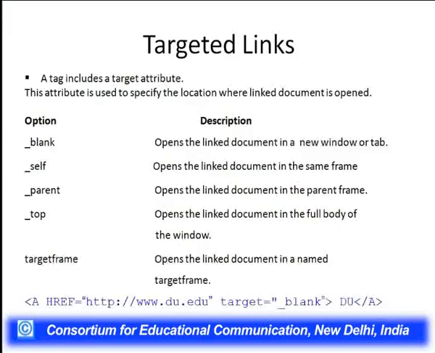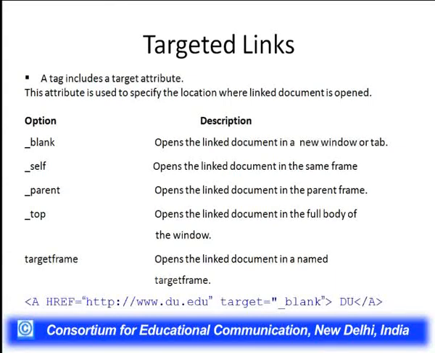So how do you specify the location where the file or the web page will open? That is done using the target attribute of the anchor tag. So you can see here an a tag which includes a target attribute. This attribute is used to specify the location where the linked document will open.